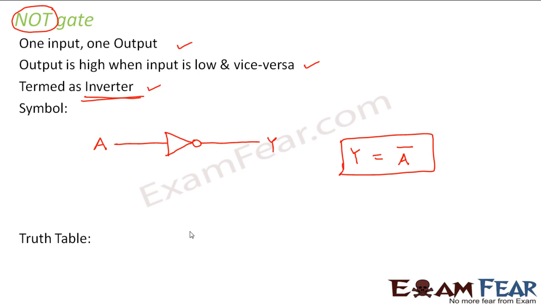What is the truth table of a NOT gate? Let us prepare it. The truth table will have all possible inputs, in this case only one input, and it will also have the output. The possible values of input are 0 and 1. When input is 0, your output is 1. When input is 1, your output is 0. So this is the truth table of the NOT gate.